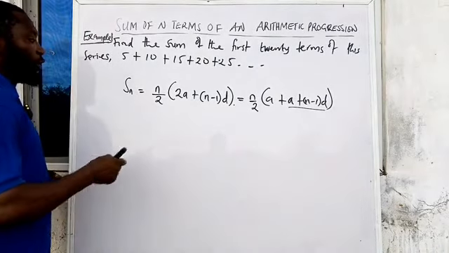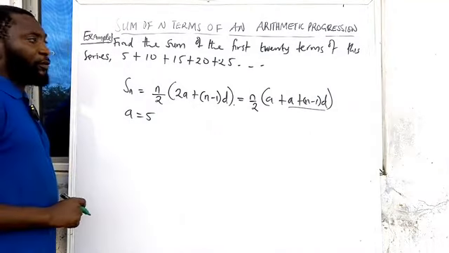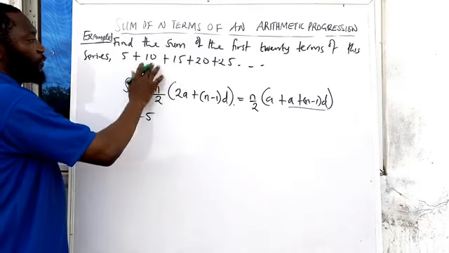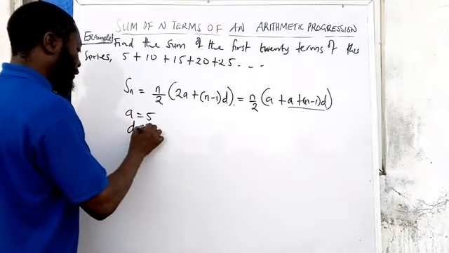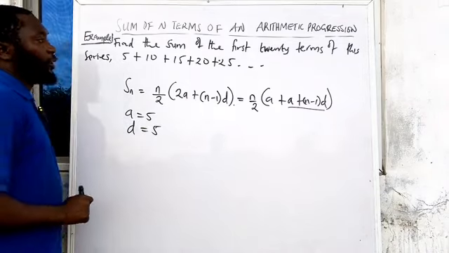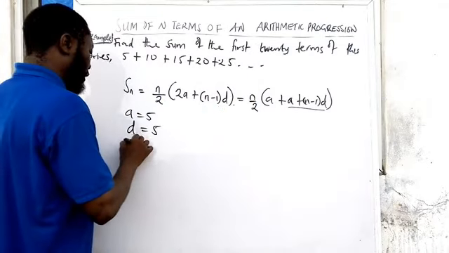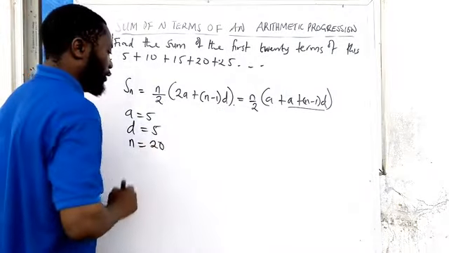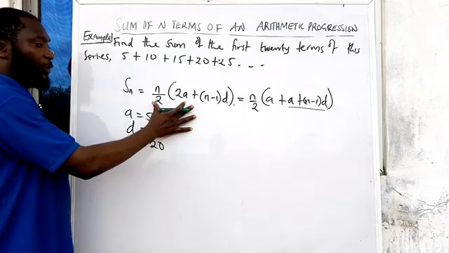So now from this question, our a equals 5. a, which is the first term. The common difference, the number that is being added to generate the next term. So that's our common difference, d, and it's also 5. Then the question says the first 20, meaning n equals 20. Now to get the sum, we make use of this formula.